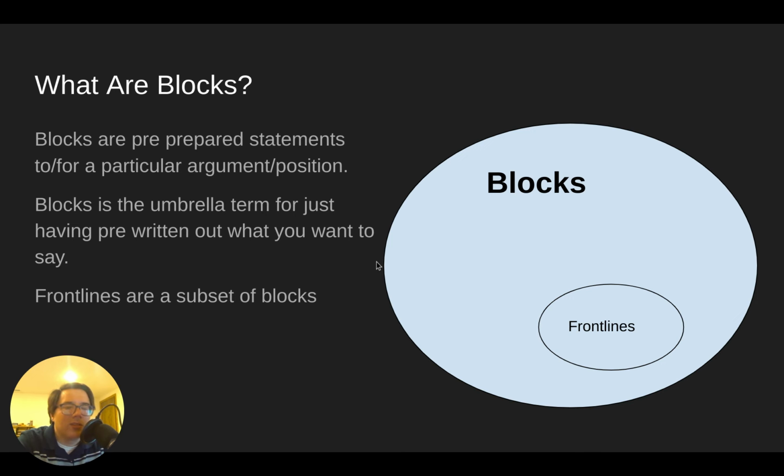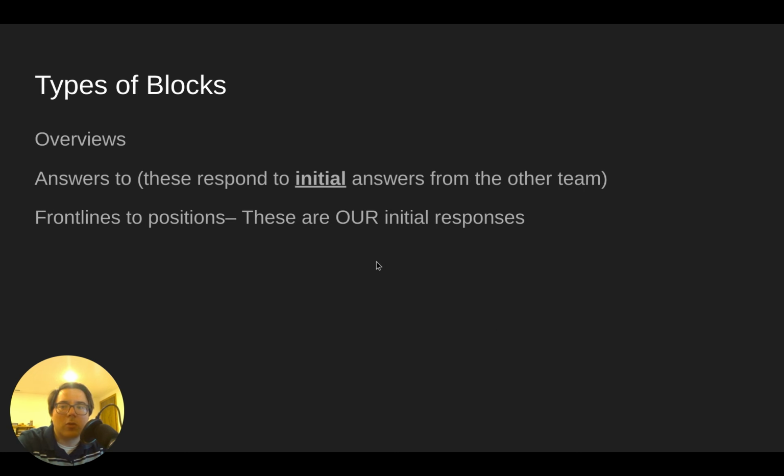But just know that blocks are pre-prepared statements that you have already thought out and know exactly what you want to say. I generally think that there are three types of blocks. There are overviews to positions. There are answers to, which respond to initial arguments from the other team.